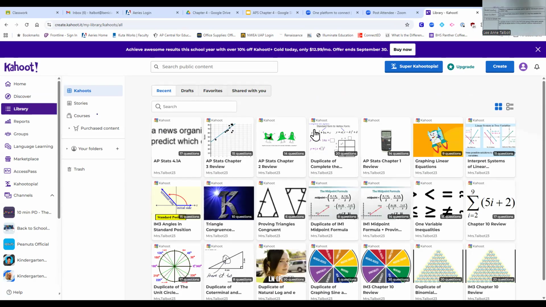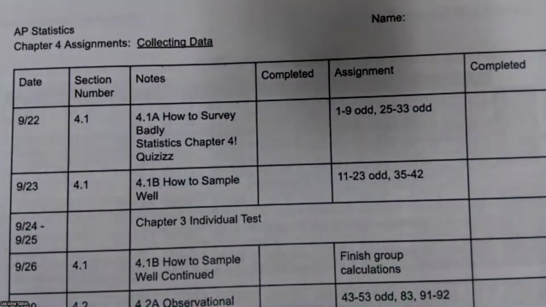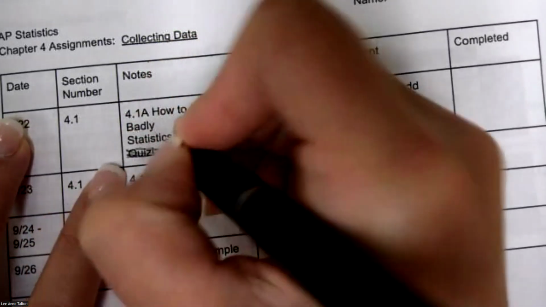Just really quick, you know how I told you guys I have Virgo problems? Meaning like everything has to be a certain way. It's great sometimes and awful others. Well, I couldn't live with the fact that it was in quizzes, so I retyped it into a Kahoot.